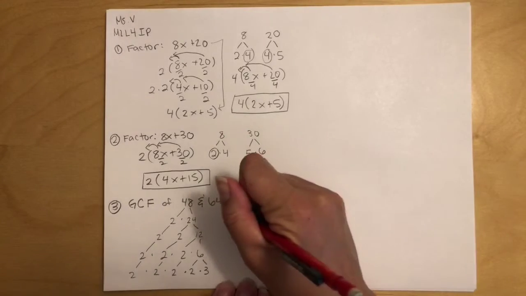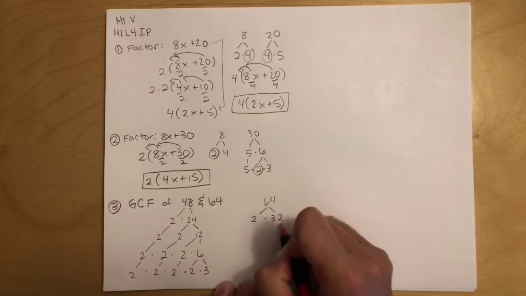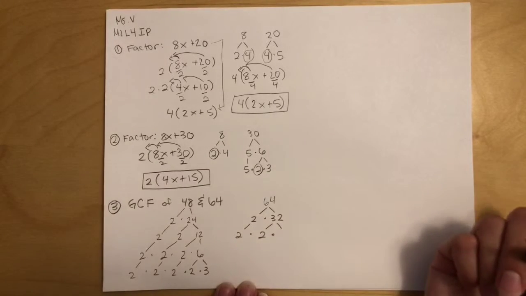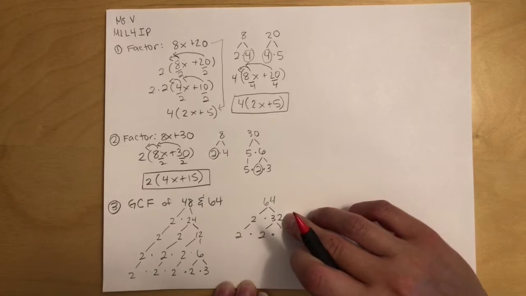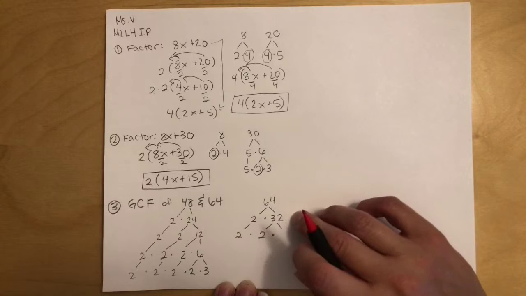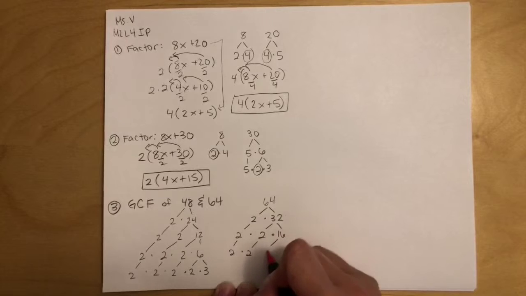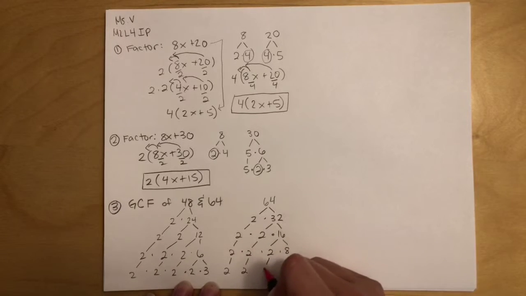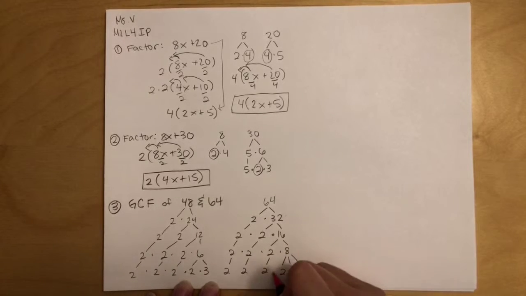All right, let's put 64 over here so we have a little bit more room. 64 is 2 times 32. 32 divided by 2 is 16, and I have 2 more that I can split up. 16 is 2 times 8, and if we go one more time, 8 is 2 times 2 times 2.